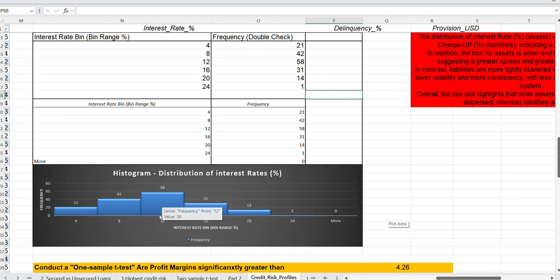Our most common rate is 12%, but it is evenly spread out from higher and lower. Like the second is 8%, with 42, and for 16%, 51. It's not like our middle is 12% and then, way out of nowhere, 24% or another number. The figures are evenly spread out.